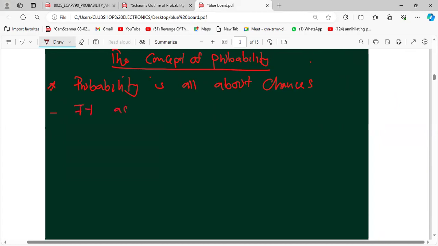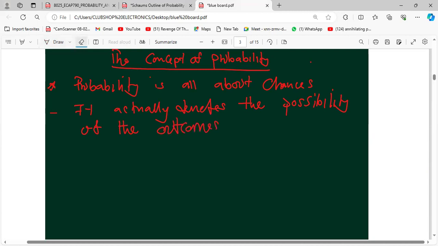It actually denotes the possibility of an event, or maybe of the outcome of any random event.